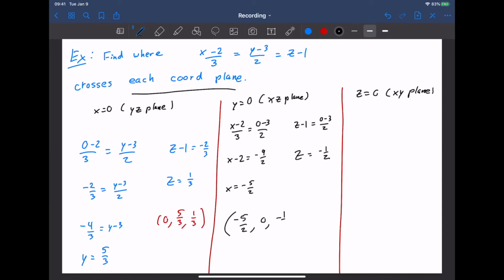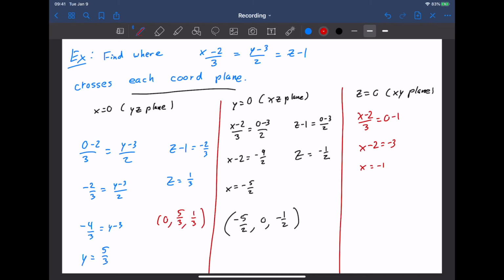If you were really lost on these two, try that last one now. It should be really clear what we're going to do. And the last one I think is the easiest one. X minus 2 over 3 equals 0 minus 1. X minus 2 equals negative 3. X equals negative 1.